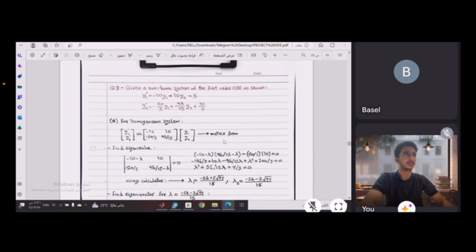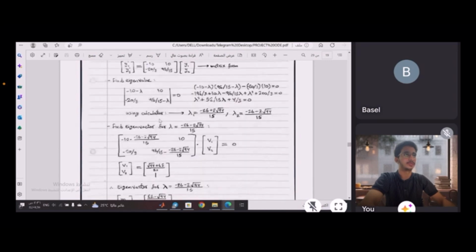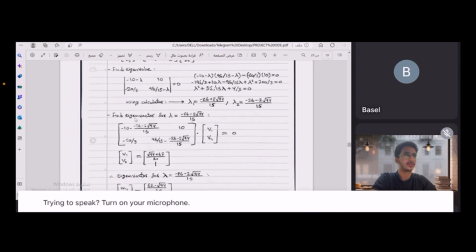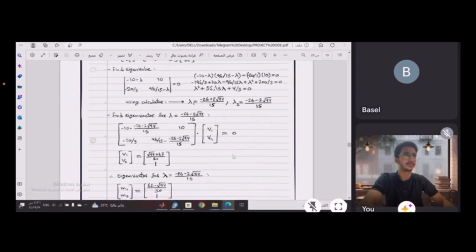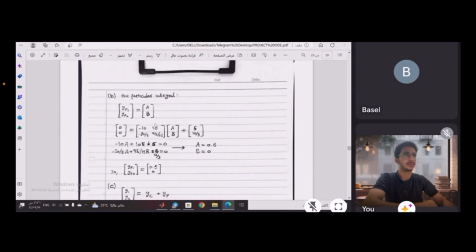We first write the matrix form, and then we have to find the eigenvalue. When we use the calculator, we get lambda 1 and lambda 2 as shown here. And then we have to find the eigenvector, this one. So we will find the yc. And then for B, we have to find the particular integral.